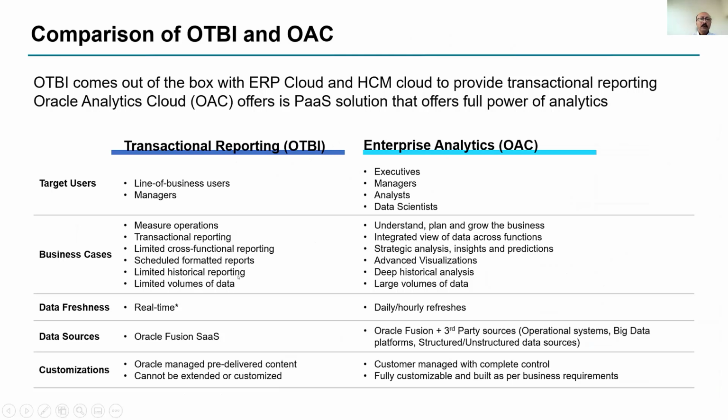It talks about OTBI, which is on the operational side, and the Oracle Analytics Cloud, which is an analytical tool running on the Oracle Cloud. And there are some similarities and differences between the two, which are summarized here.